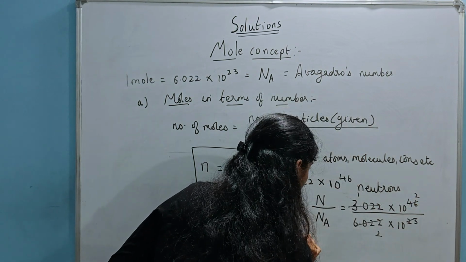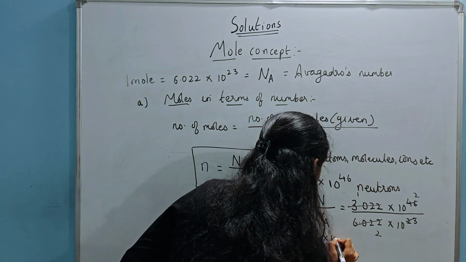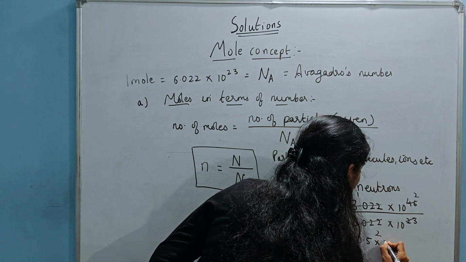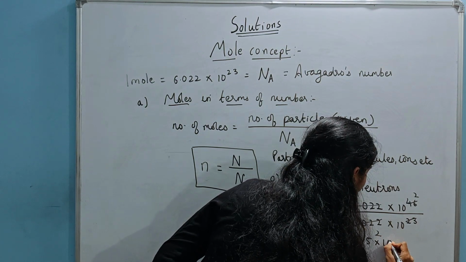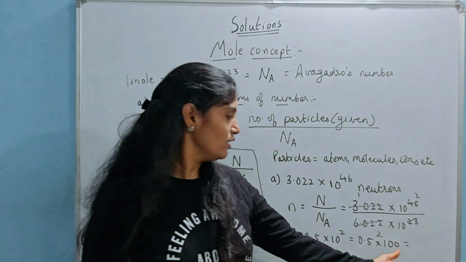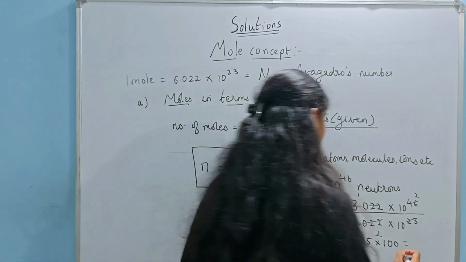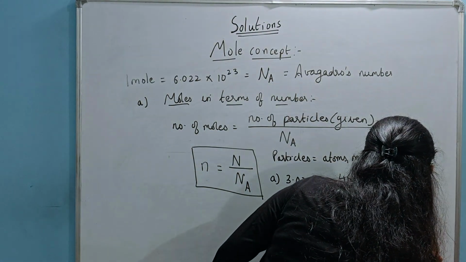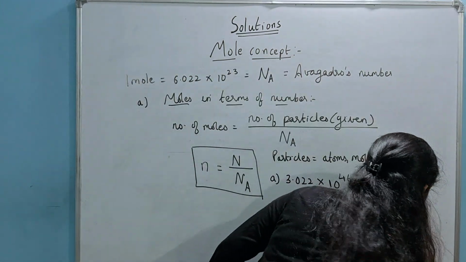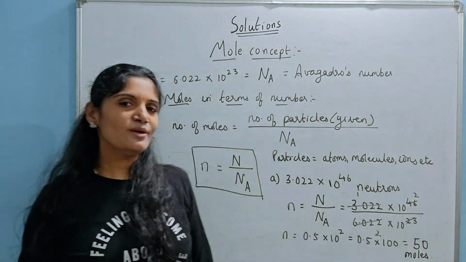So how much are you getting here? 0.5 into 10 to the power of 2. So it is basically 0.5 into 100. Am I clear? So how much does it come to? It comes to 50. So how many moles do these many neutrons refer to? It refers to 50 moles.